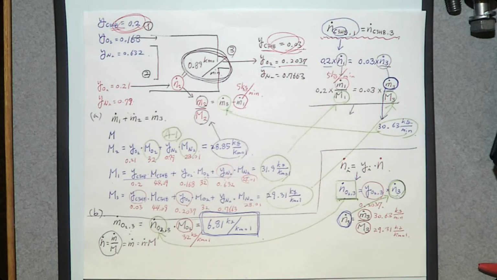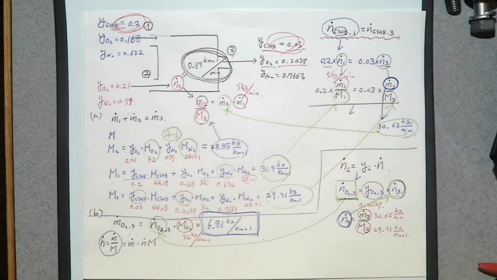Here, to solve this n dot number 2, here, to find the relation between propane at inlet number 1 and the propane at the exit number 3, and the average molecular weight. So basically this problem is just practice for n is m over M.